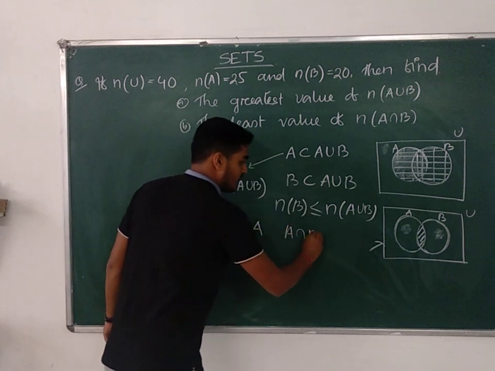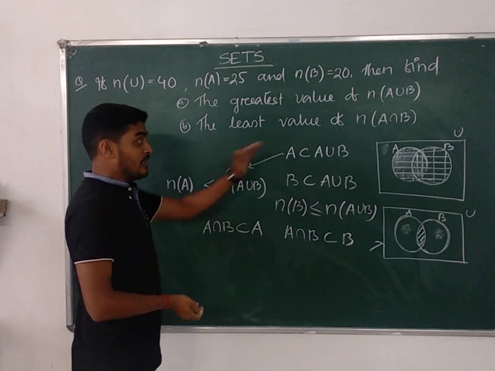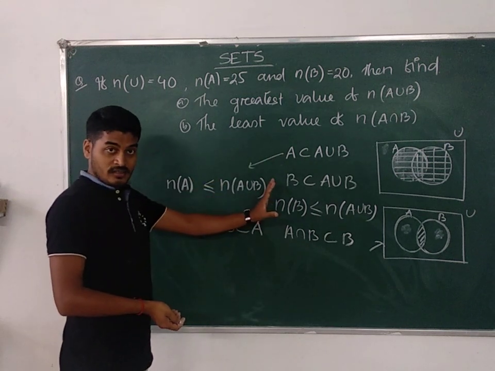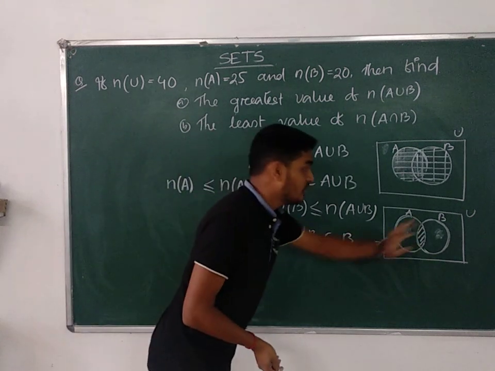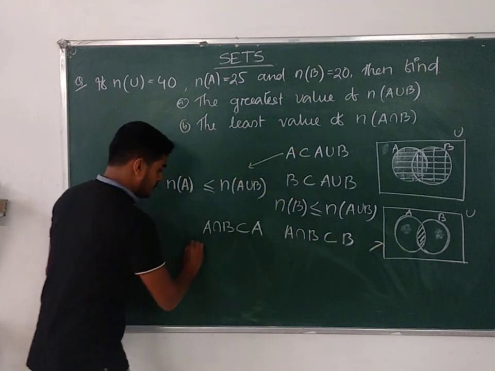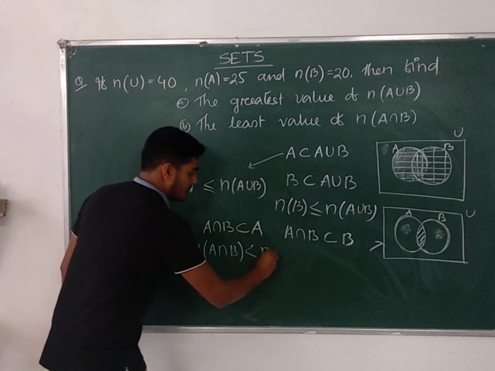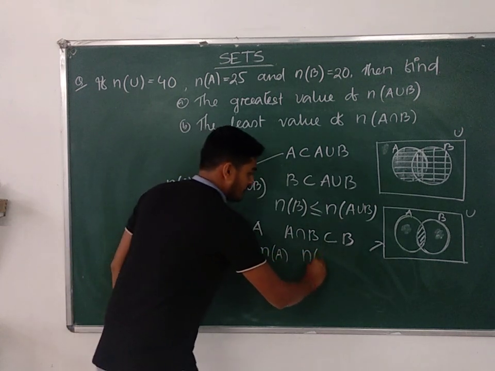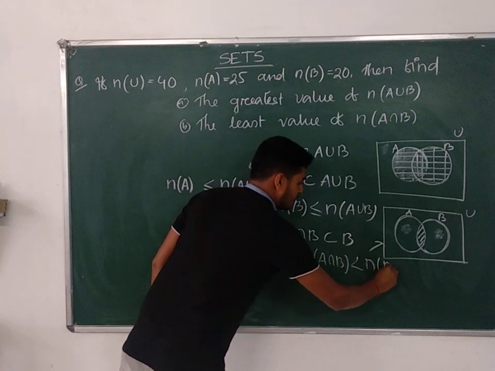A intersection B is also a subset of B. Ulta case. A and B are subsets of their union, but the intersection is a subset of both sets. Intersection to A ro hoy, B ro hoy, subset of A. That's why the number of elements in A intersection B is less than or equal to the number of elements in A. The number of elements in A intersection B is less than or equal to the number of elements in B.